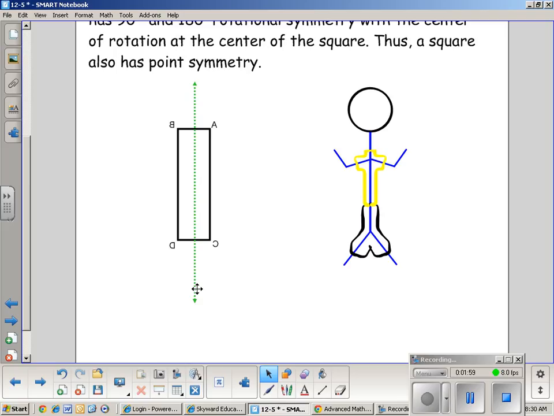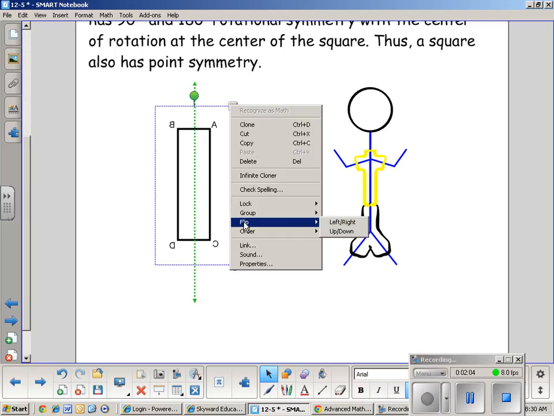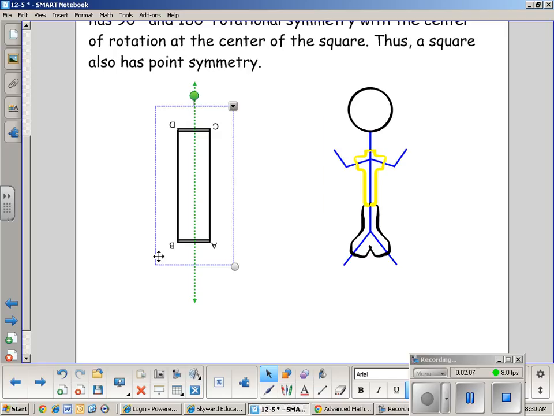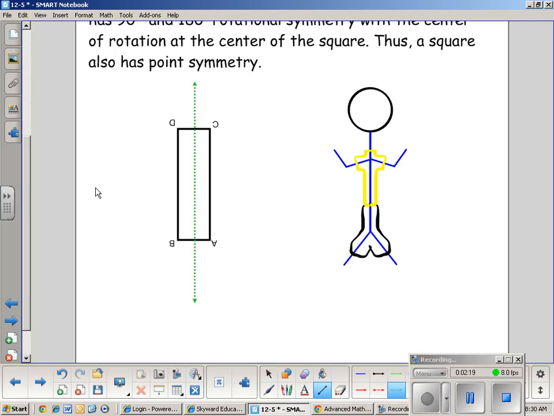Okay? What if I flip this up and down? It's still symmetric, isn't it? So that must mean that there's a line of symmetry right through here. Okay? So there must be a reflection line there.